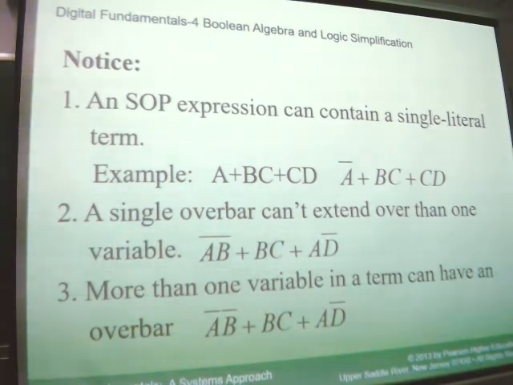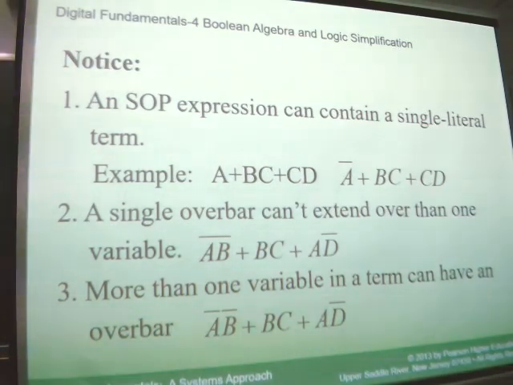We must note that, first, SOP expressions can contain a single literal term, such as A bar, B bar, C bar. They are also SOP expressions.